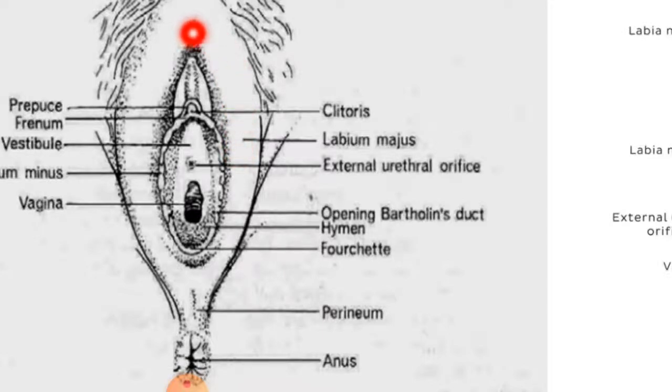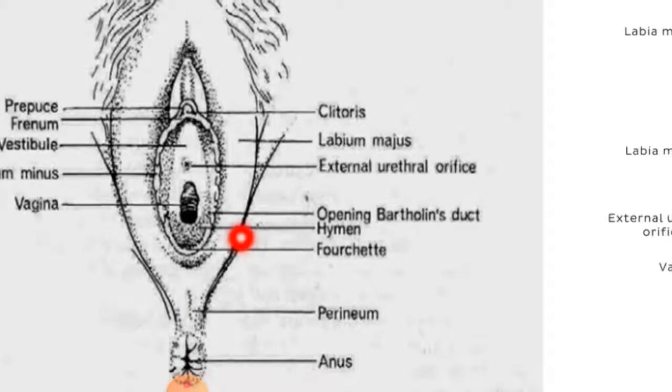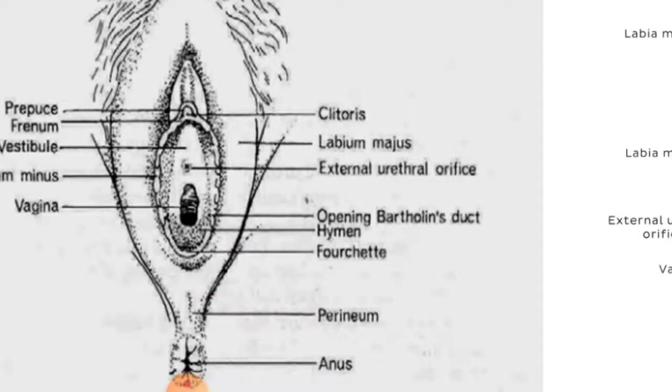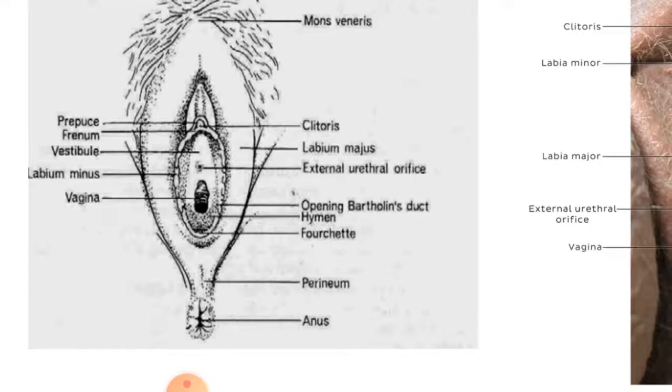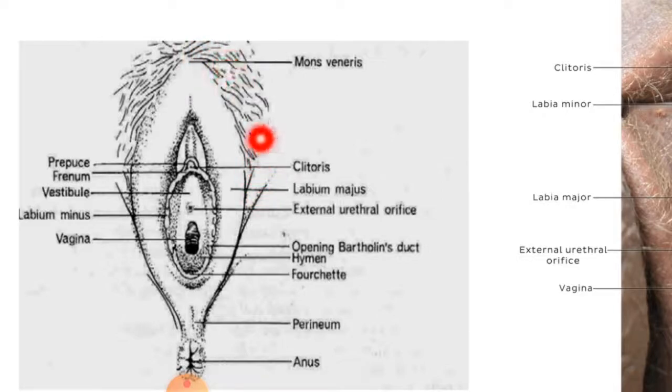Anteriorly, as you can see, this fold is joining in front of the symphysis pubis, and posteriorly this is merging with the skin of perineum. And at puberty, hair grows on the pubic symphysis or mons pubis and on the lateral surface of the labia majora.